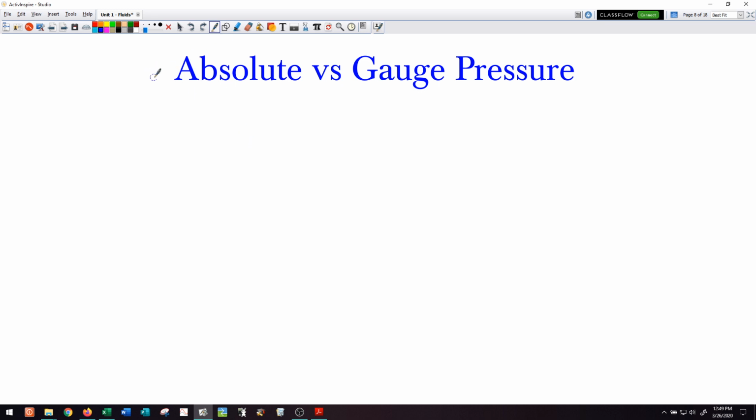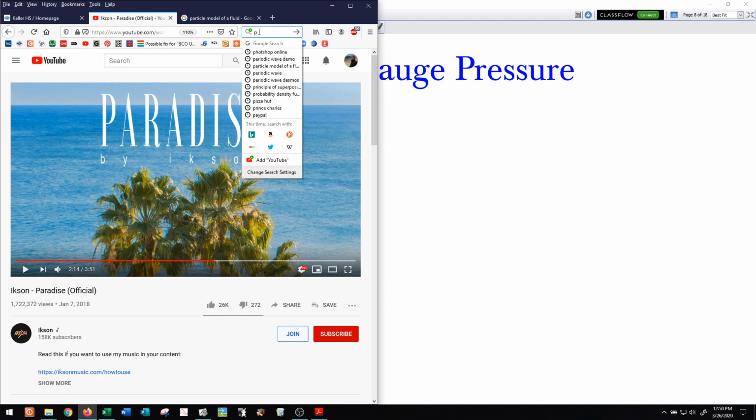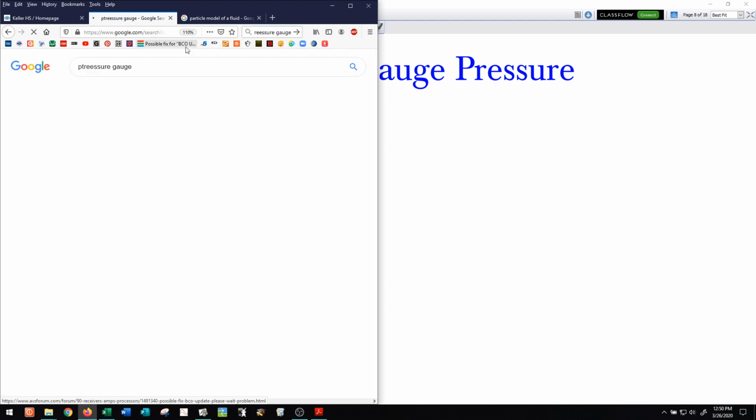Now, there is a term that we really didn't talk about much, and that's called absolute pressure or gauge pressure. Now, if I have a device that's actually a pressure gauge, let me see if I can pull up a picture of that real quick. Here's a pressure gauge.